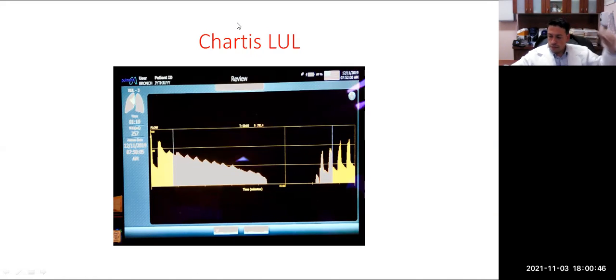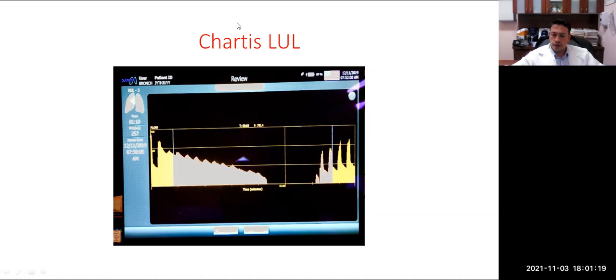But a lot of centers that are not using the Chartis go based on that trial, and they will just put in valves if your fissure is more than 90%. And I really think that is not the best approach. I've had numerous cases in my own limited experience where that guy with 80% wouldn't have gotten included, and many patients that are more than 90 would have gotten valves with no benefit.